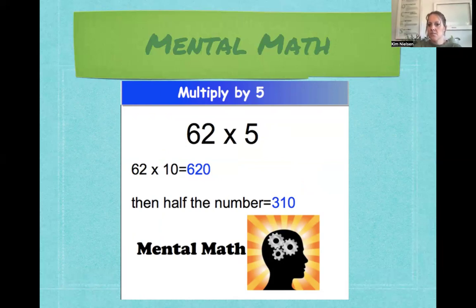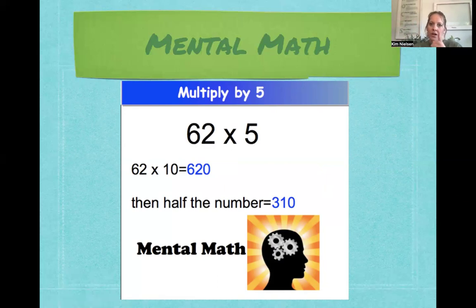And so again, mentally, it's easier to do 62 times 5 is 310. Okay, and there's different ways to do that, right? I could do 5 times 60 and then 5 times 10, or I can do 5 times 10 and just break it in half. Okay, so that's kind of a mental math strategy.